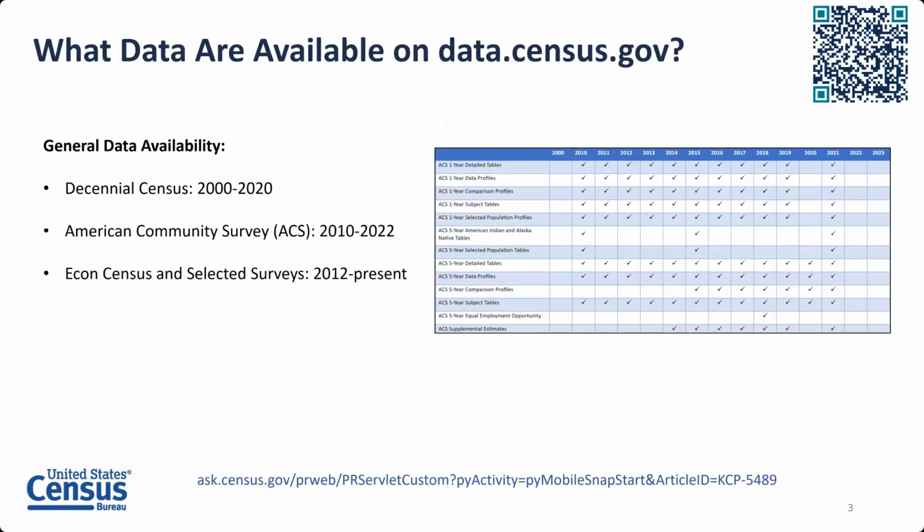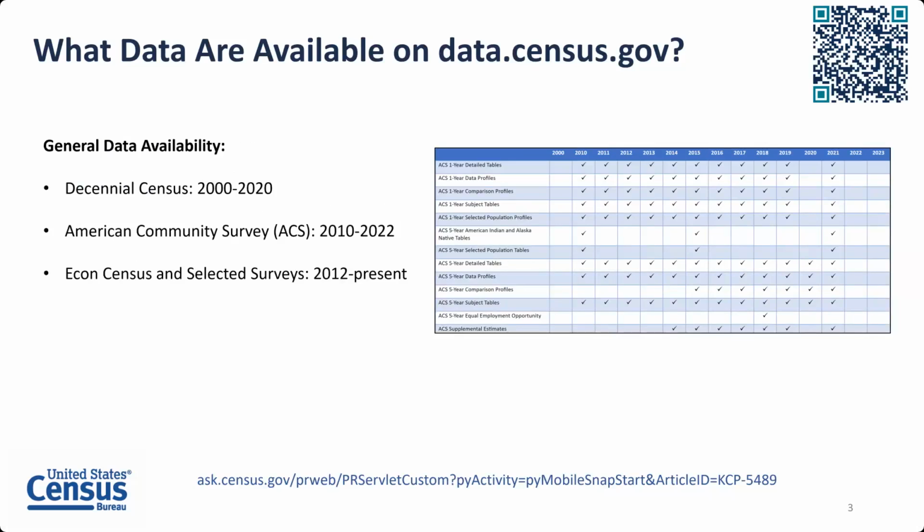Before we get into the live demo though, just wanted to paint a picture of what data.census.gov is and what you can expect to find in it. So we are the primary platform for the U.S. Census Bureau, and that means that we have the most popular data from the Census Bureau from different surveys and programs.